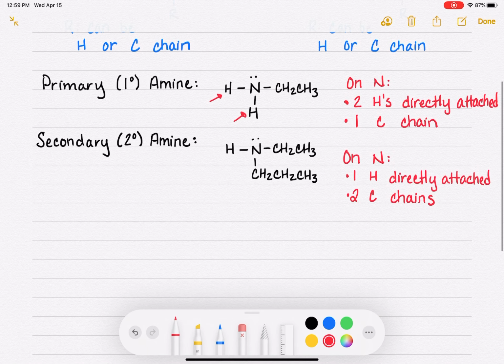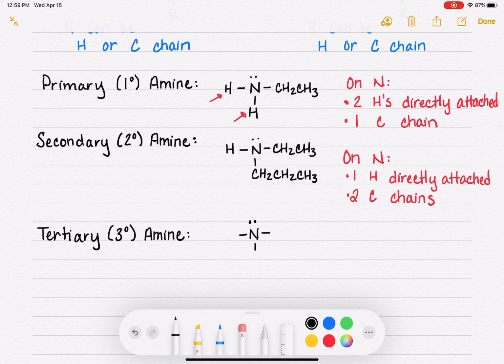And then the third type of amine is the tertiary, abbreviated 3 with a degree symbol, tertiary amine. And you might be able to predict what this one's going to look like. This is going to be a nitrogen that has no hydrogens directly attached. And it's going to have 3 carbon chains.